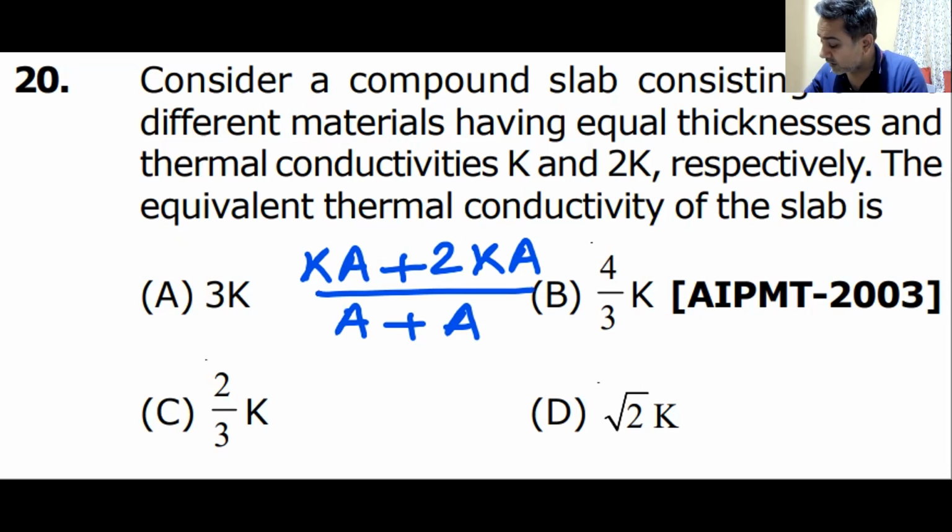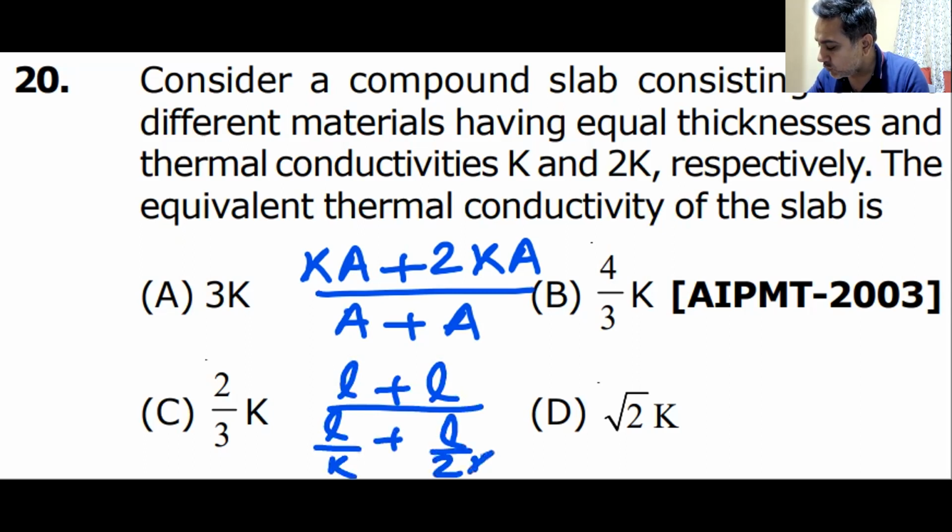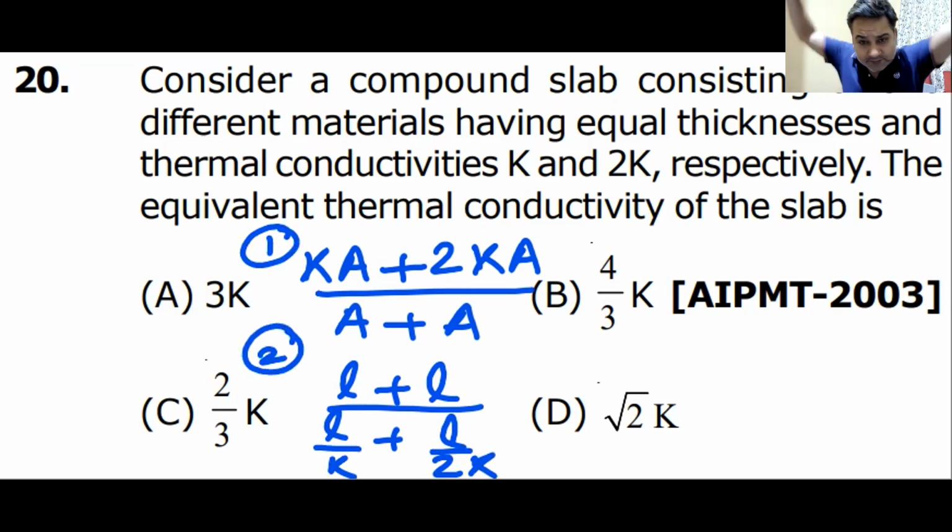If I use that formula, the answer will become L plus L divided by L by K plus L by 2K. Do we understand which formula I've used here? Which is formula number 1 and which is formula number 2?